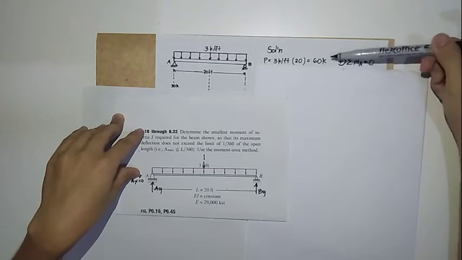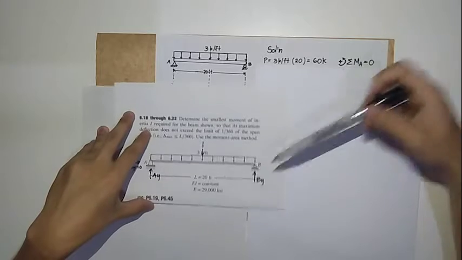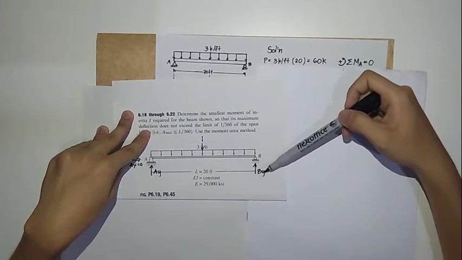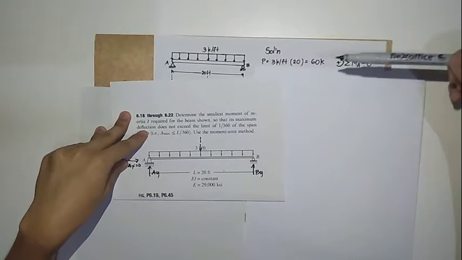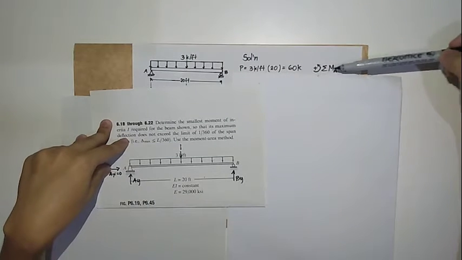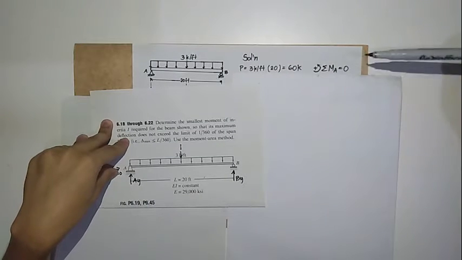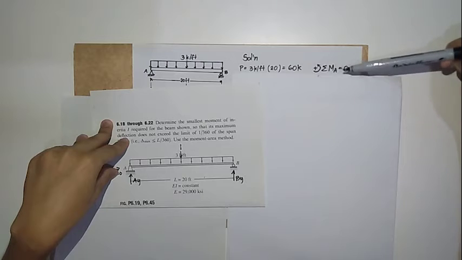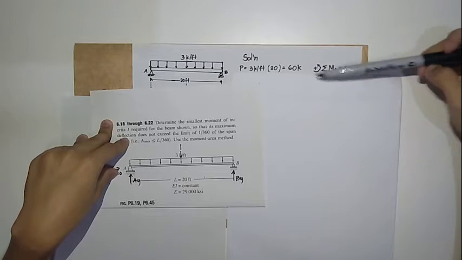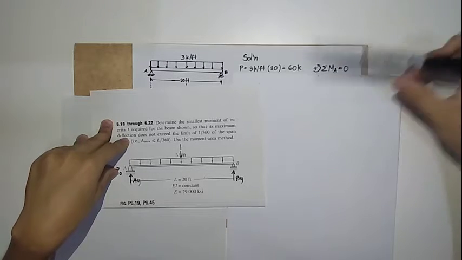So, nakuha natin ang 60 kips. Pagkatapos nun, kukunin natin ang reaction ng BY. At ang solusyon naman nun ay ang equation of equilibrium. At ang gagawin naman natin ay ang summation of moment at A, which is positive pag counterclockwise, equals to 0.